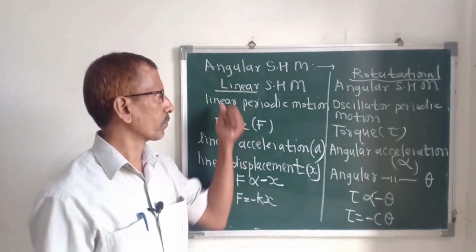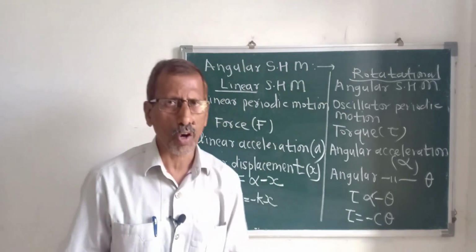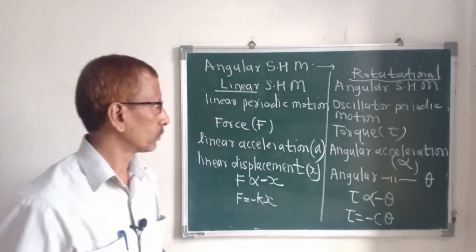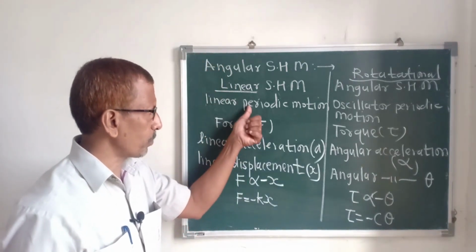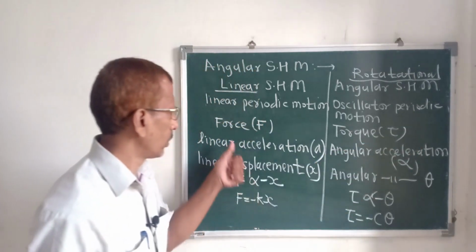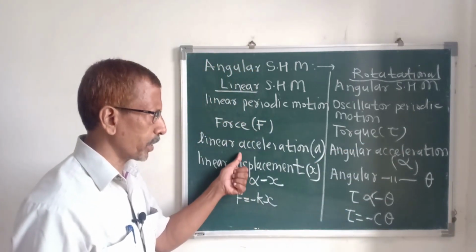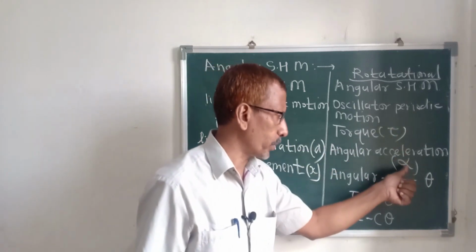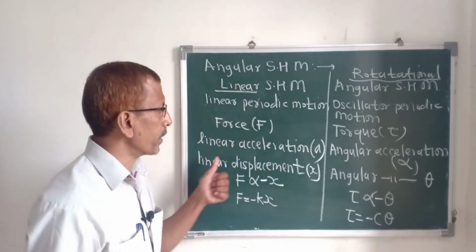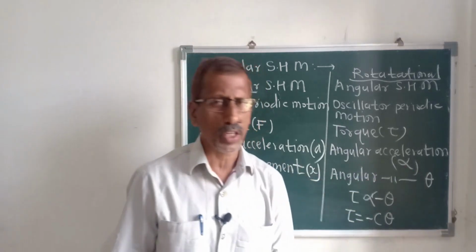So when we studied the definition of linear simple harmonic motion, linear periodic motion is replaced by oscillatory periodic motion, force or linear acceleration is replaced by torque or angular acceleration, and instead of linear displacement we consider angular displacement.